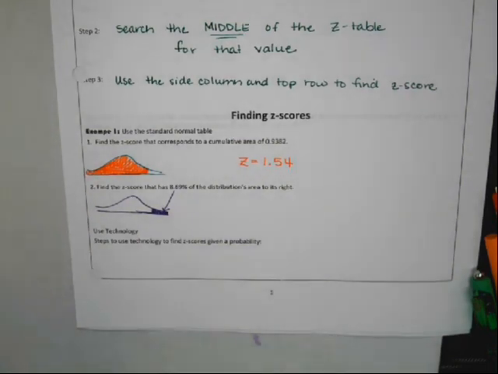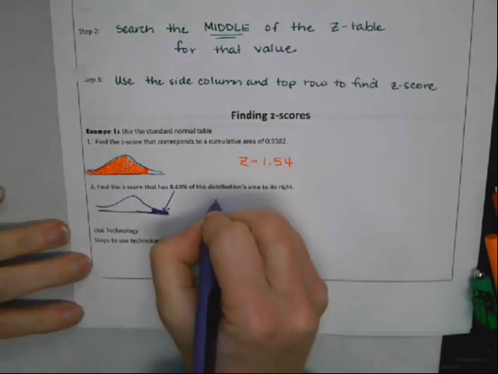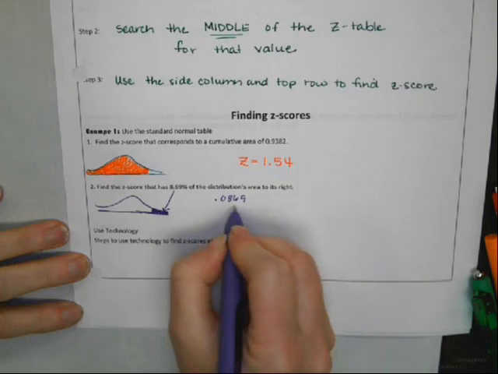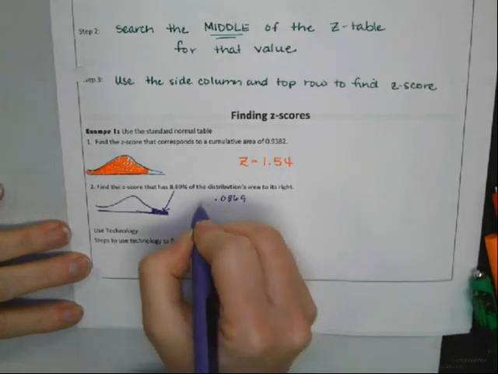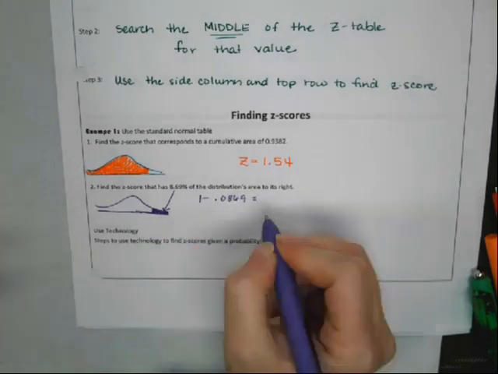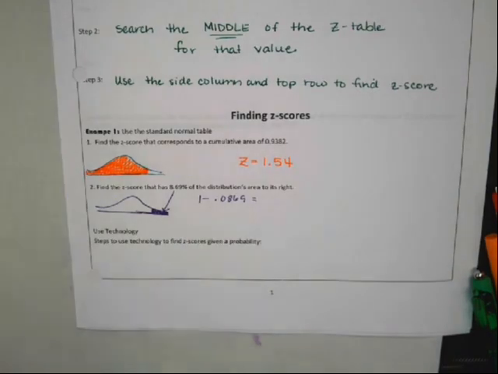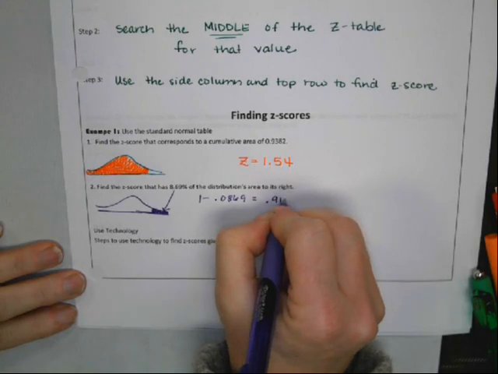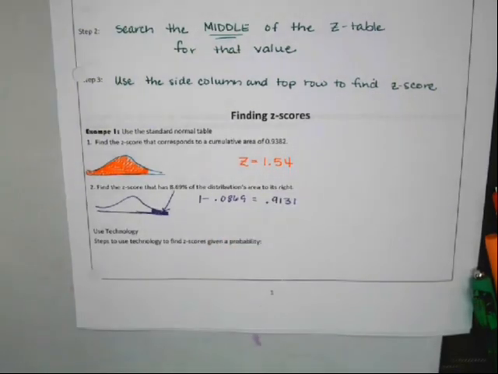Subtract from 1. So it would be 0.0869 as a probability instead of a percent. And I'm going to do 1 minus that to get the part that I'm going to have to look for on my z-table. All right, so that gives me 0.9131.